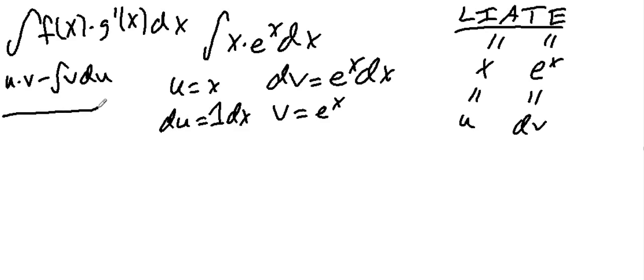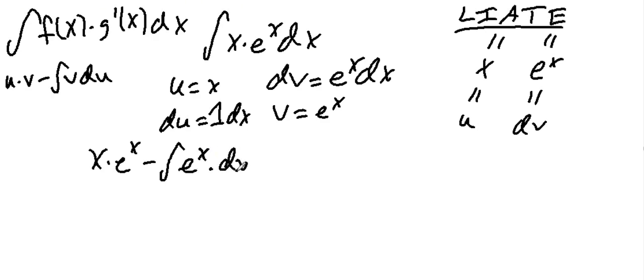So using our formula, uv minus the integral of v du, we're going to have x times e to the x minus the integral of e to the x dx.